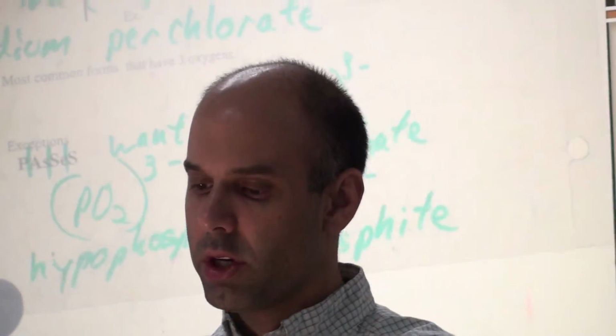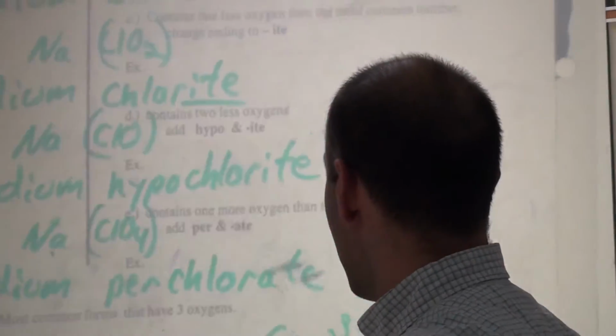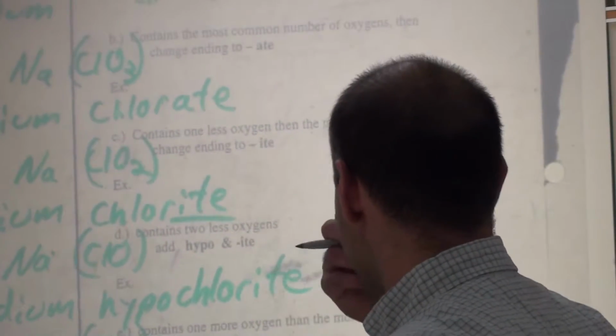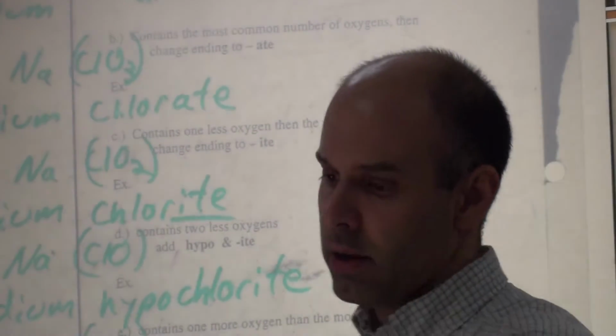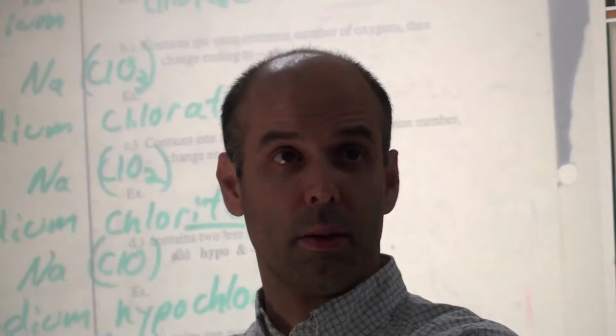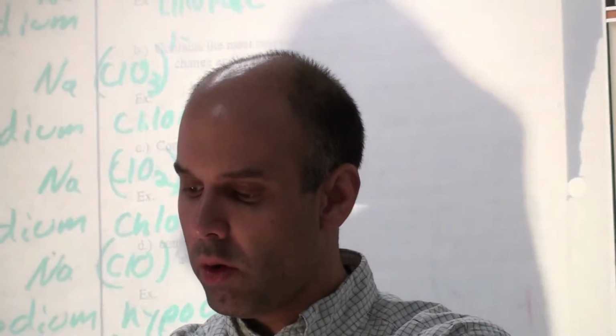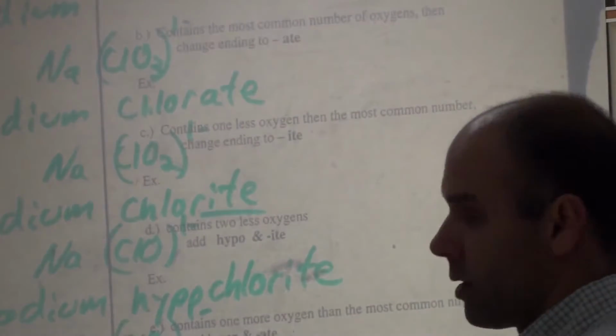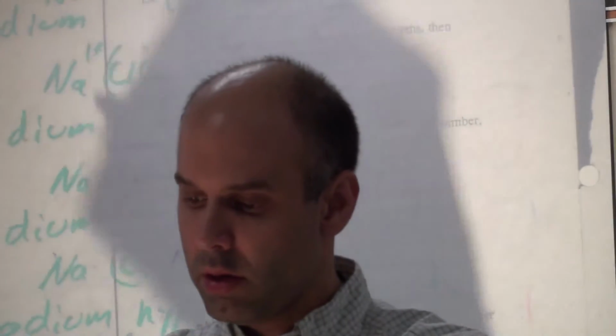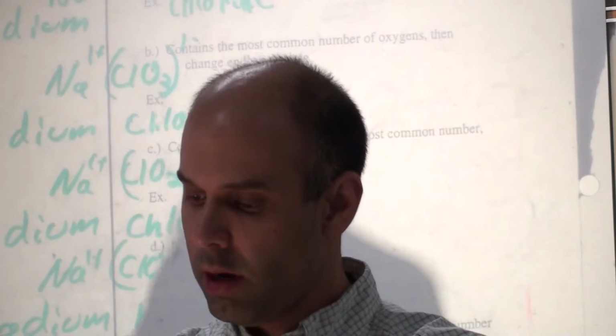Now how did I know the charges? The charges are the same as in their group. So chlorine is in the -1 group, so chlorate would be in the -1 group. Sodium is a +1, and so they are balanced that way.